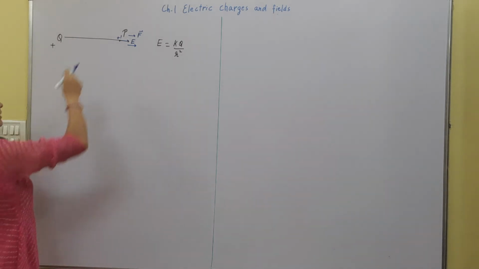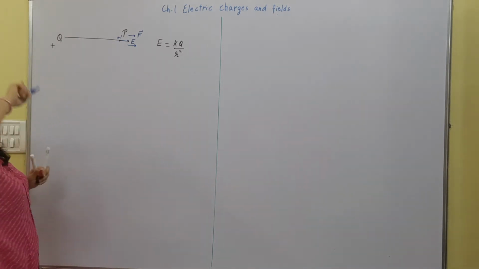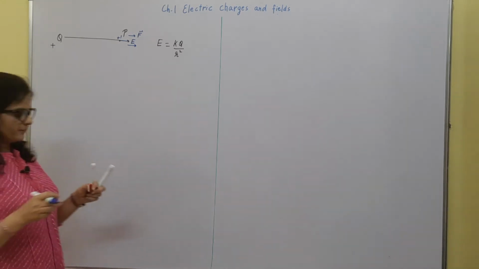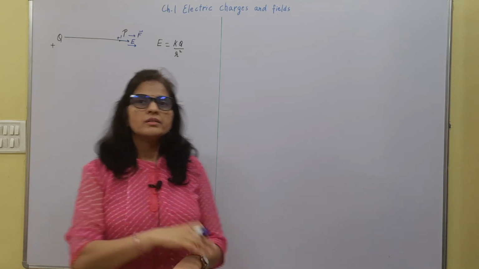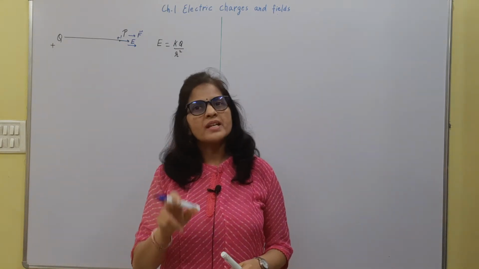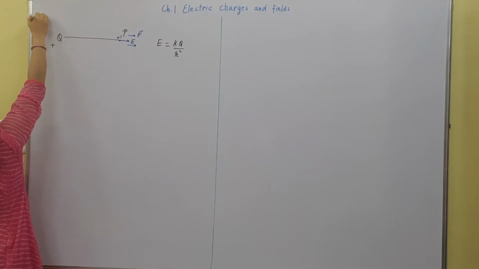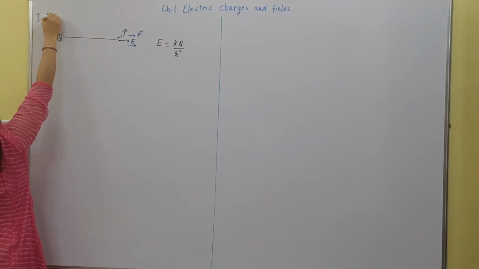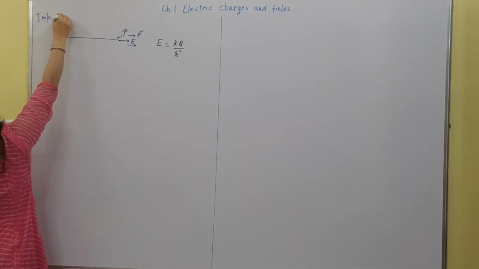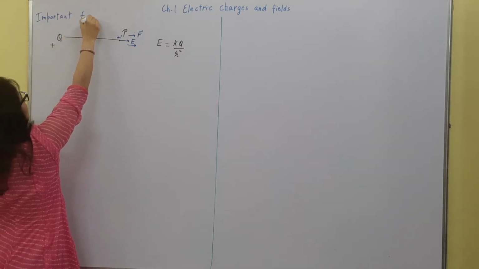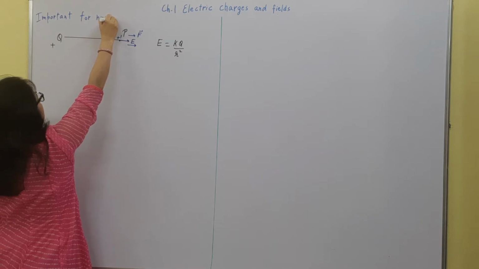And we know this, that wherever we have to find the electric field due to a source charge, then we place a plus 1 charge over there. So for that we are writing these important points for numericals.